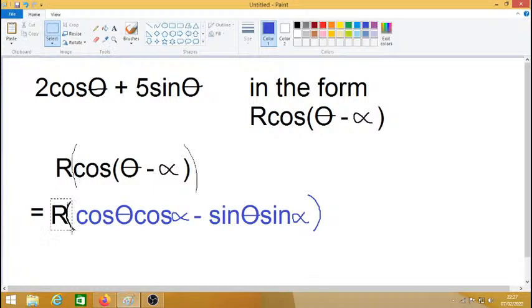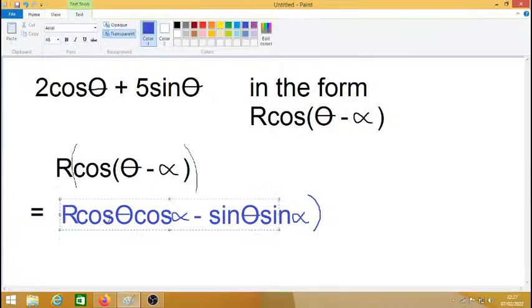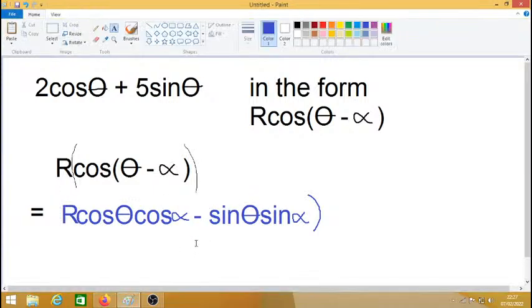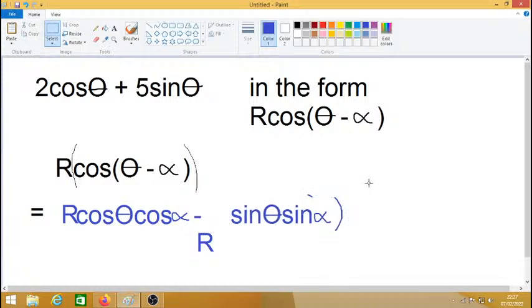So r cos theta cos alpha, and we'd have an r just here before the sine. And the goal is to try and figure out what the alpha is and what the r is. So now we've multiplied out the r, we can get rid of the brackets.